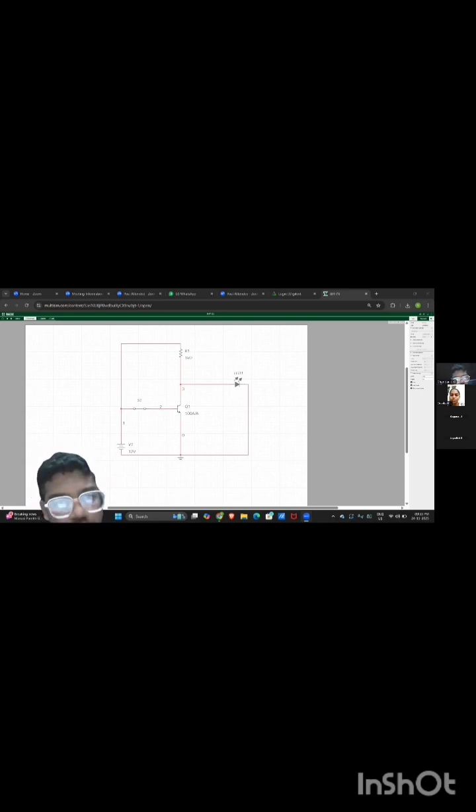Let us move to the abstract. This experiment investigates the application of a BJT as a solid-state switch by designing and simulating a circuit that turns an LED on or off using a manual switch. The circuit consists of a DC voltage source, a resistor, a push button, an NPN transistor, and an LED connected to form a classic transistor switch configuration.